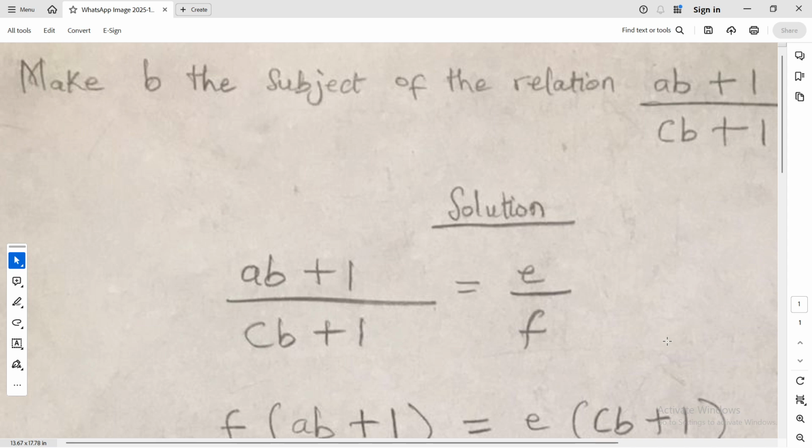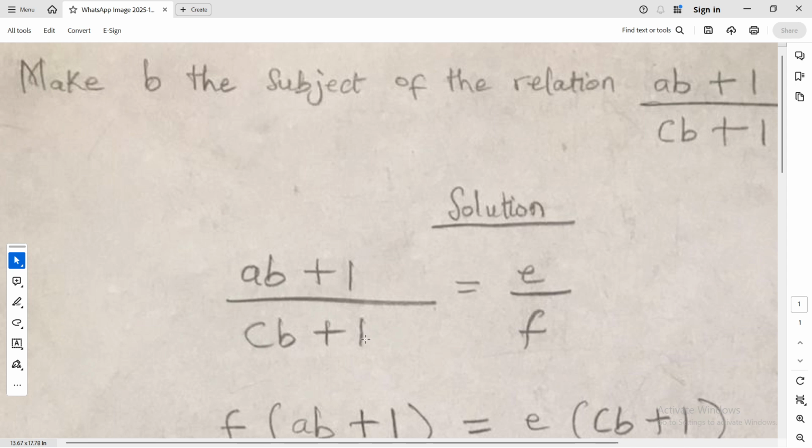And in cross multiplying, you would have to multiply the denominator on the right hand side of the equation, which is F, by the numerator on the left hand side of the equation, which is AB plus 1.